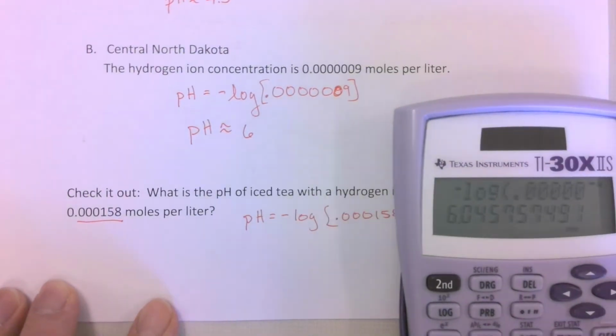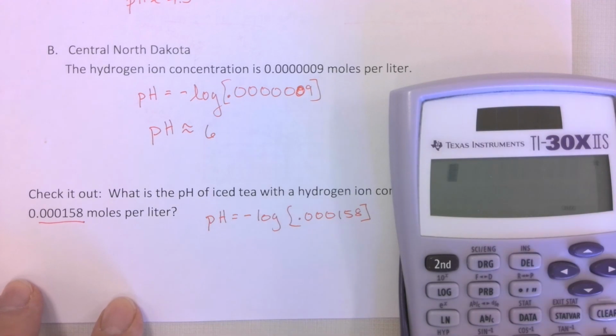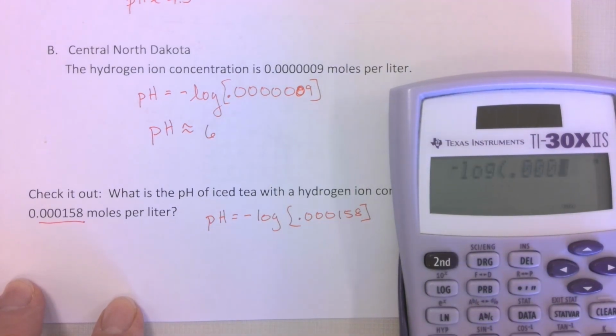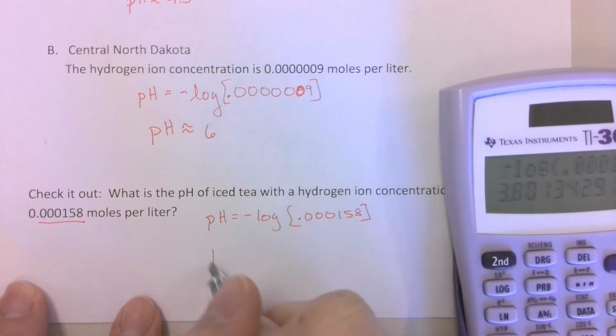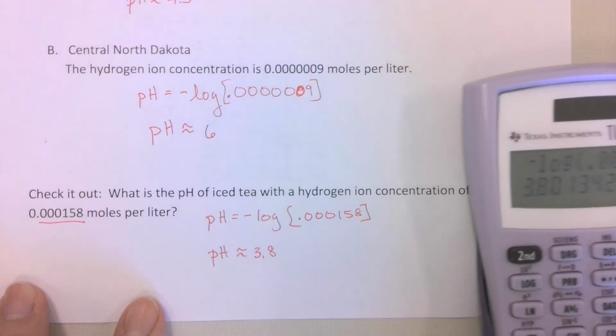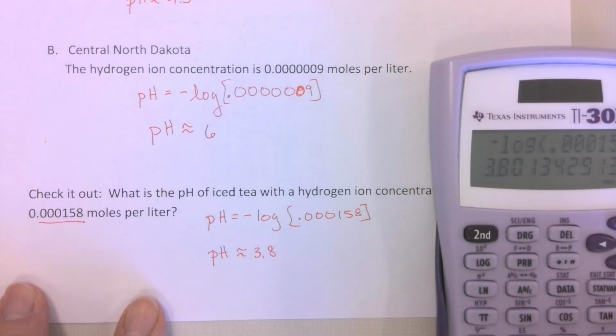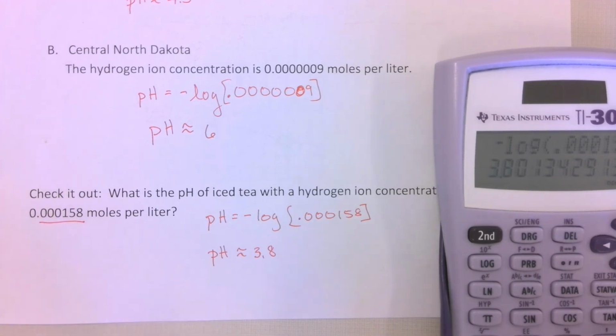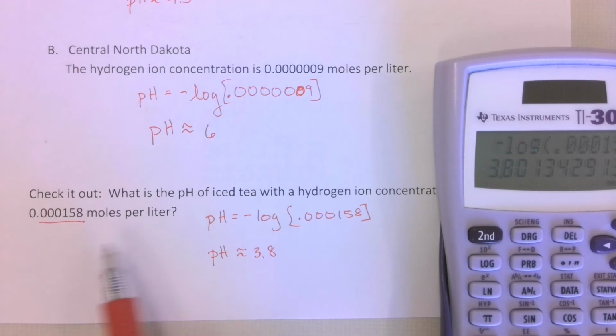Again, I am just going to type this into my calculator, negative log base 10, and I have 3 zeros, 158, and I get a pH of about 3.8. And so you can see that that is definitely more acidic. If I would test lemon juice or orange juice, we would have an even higher concentration of hydrogen ion that would make it more acidic.